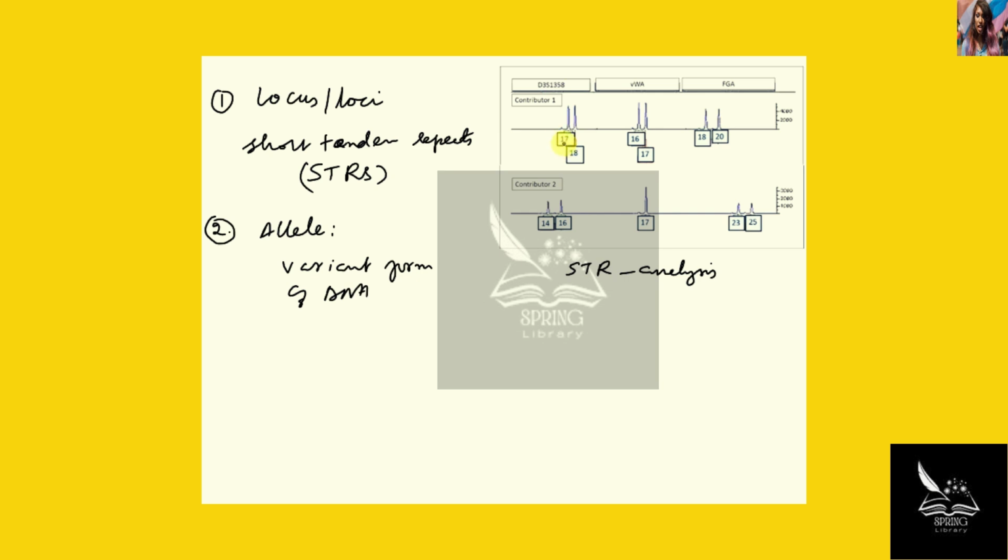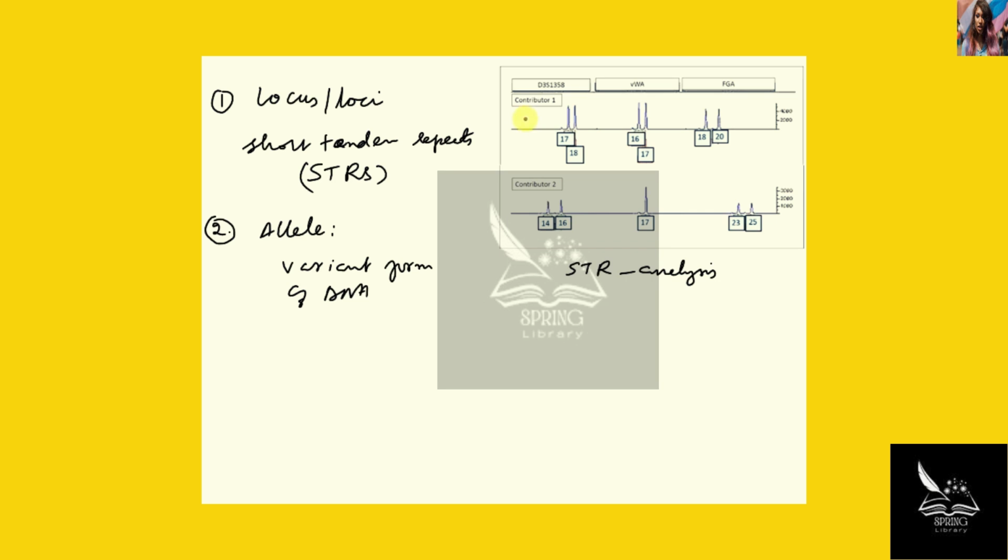Under each locus, we can see the numbers for both the suspects, which are contributor 1 and contributor 2.